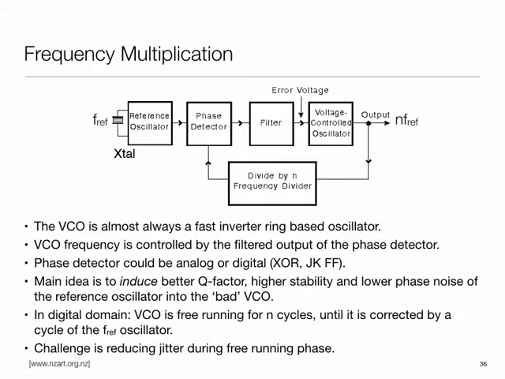So PLLs are the workhorse of realizing the actual clocks that we end up using. The crystal oscillators come at very specific frequencies only, and they don't necessarily match what we need, and they are relatively low frequency anyway.